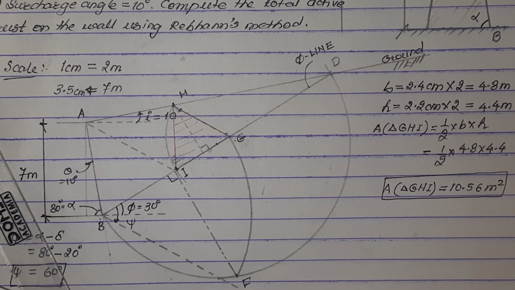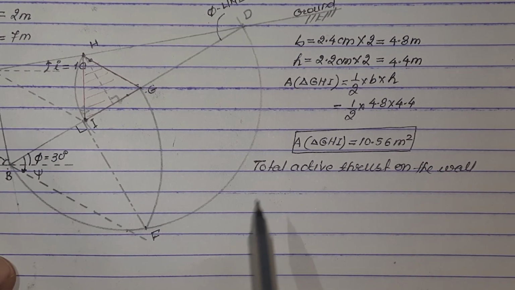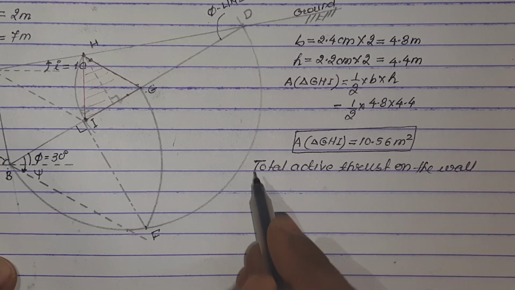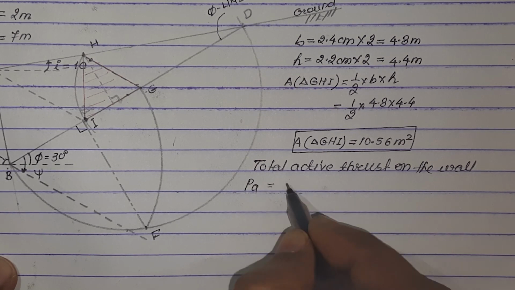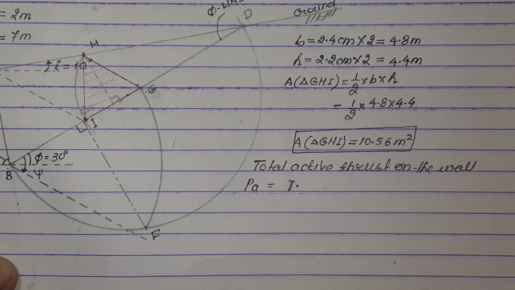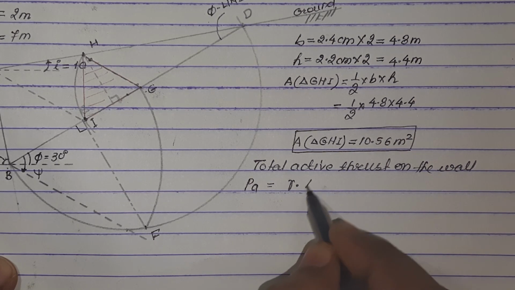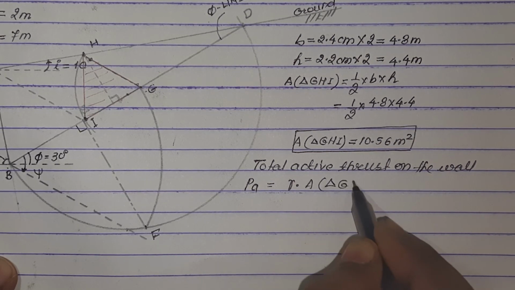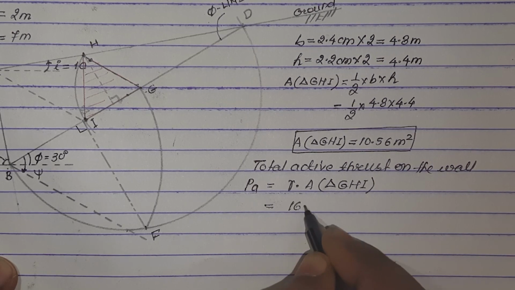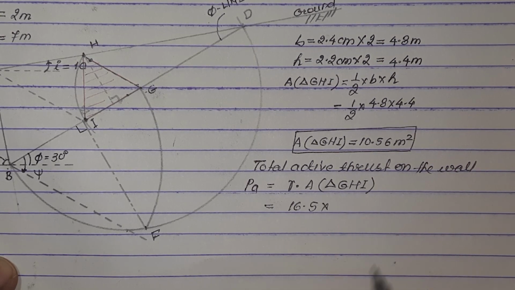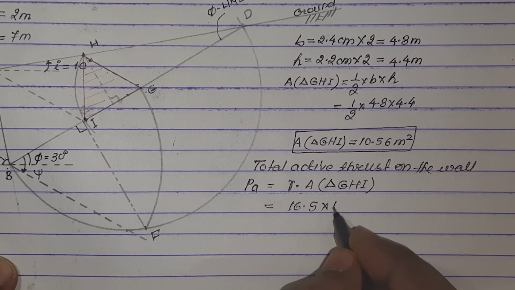Alright, now how to calculate total active thrust? Total active thrust on the wall is represented by capital PA, which is equal to unit weight of the soil gamma multiplied by area of triangle GHI. Here, unit weight of the soil is mentioned as 16.5. Area of the triangle is 10.56.